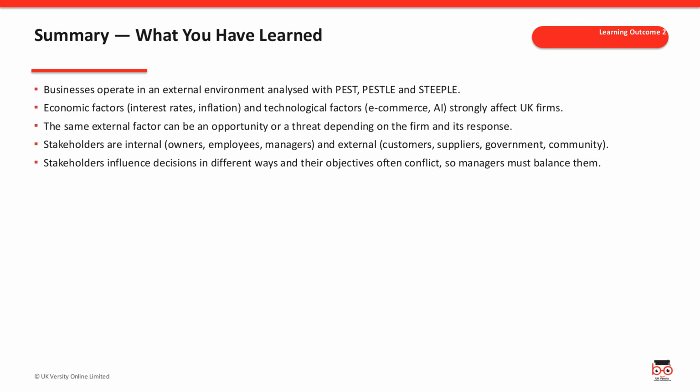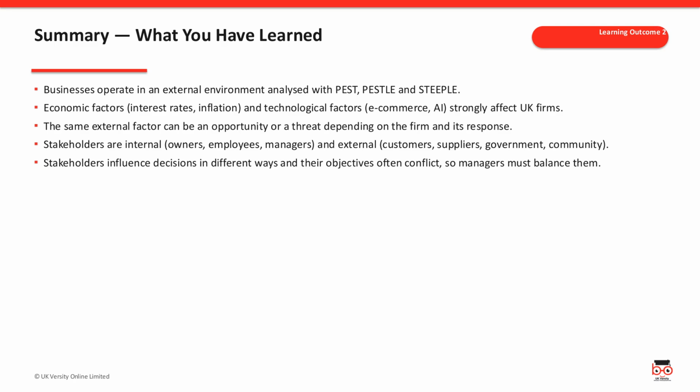Let's draw the threads together. Businesses sit within an external environment we analyze using PEST, PESTLE, and STEEPLE. Economic factors like interest rates and inflation, and technological factors like e-commerce and AI are having a powerful effect on UK firms. Remember that the same factor can be an opportunity or a threat depending on the business and its response.